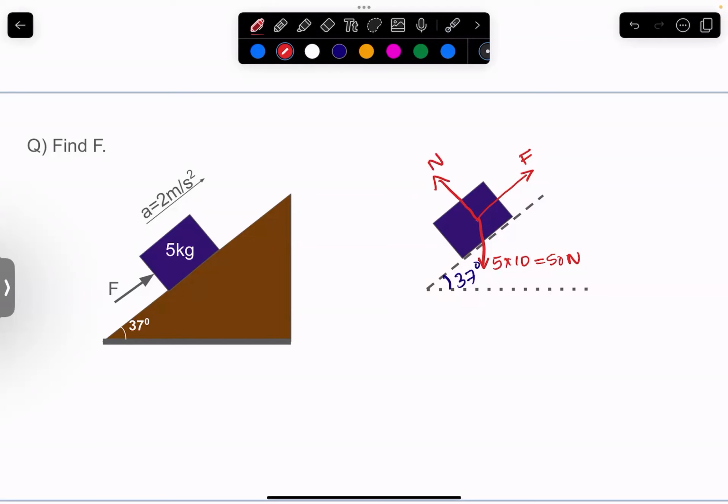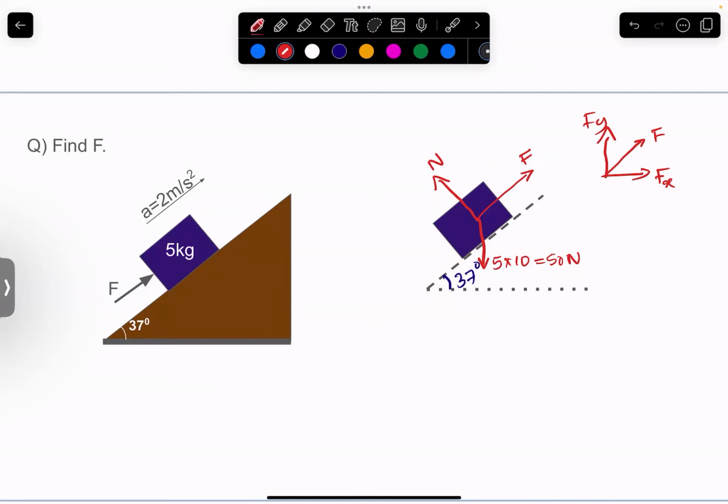Now we want to find the force F. For that, we will resolve forces into components in the xy plane, Fx and Fy.